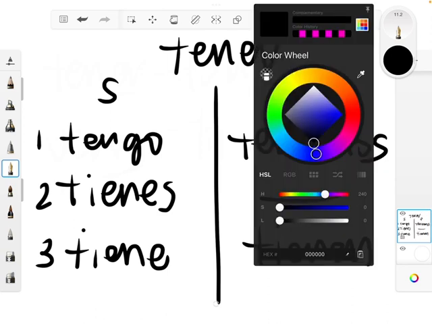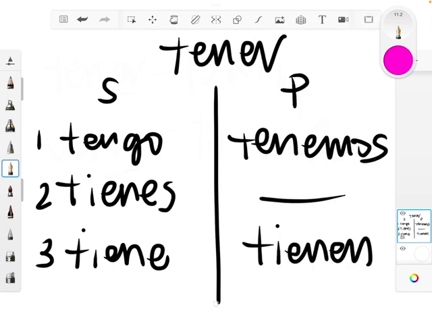Okay, so a couple of things to point out here. One of them is the fact that here we have our yo form, which is just going to be completely irregular. Now here, we're also going to have what I've heard called the boot verbs.